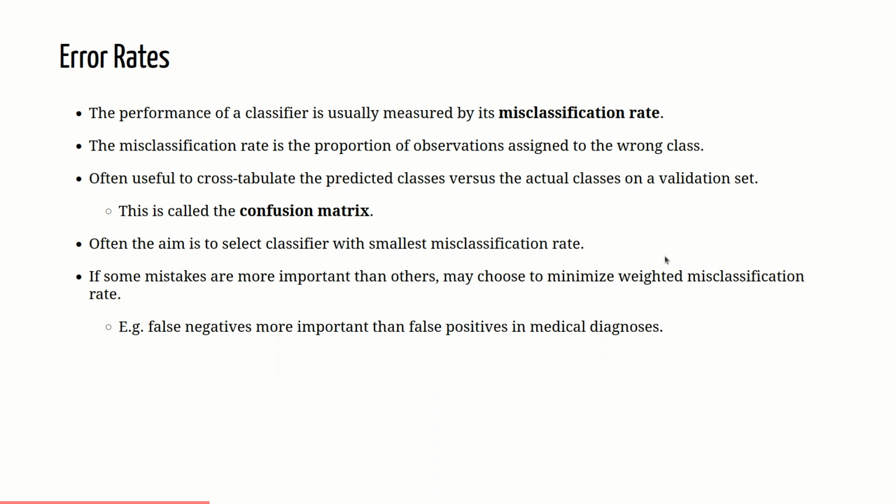For example, maybe in forensics, we'll look at an example of forged banknotes. If you've got a test for banknotes being fake or not, then you probably want to err on the side of letting through a few false positives.